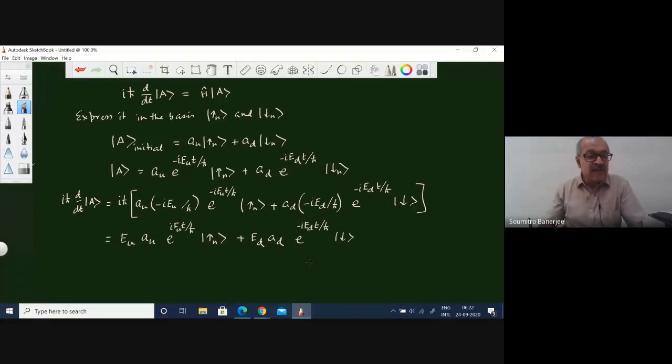And it is clear that this is nothing but the Hamiltonian operator operating on A. So this is essentially the Hamiltonian.